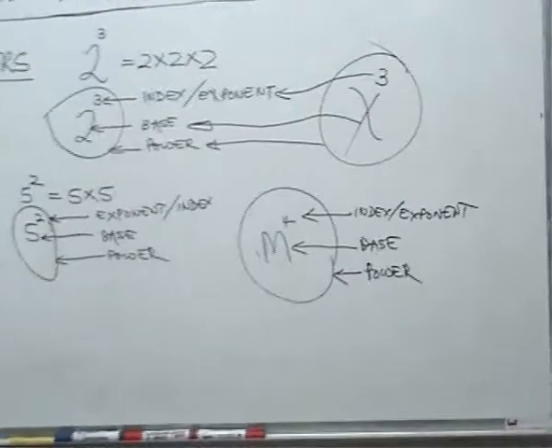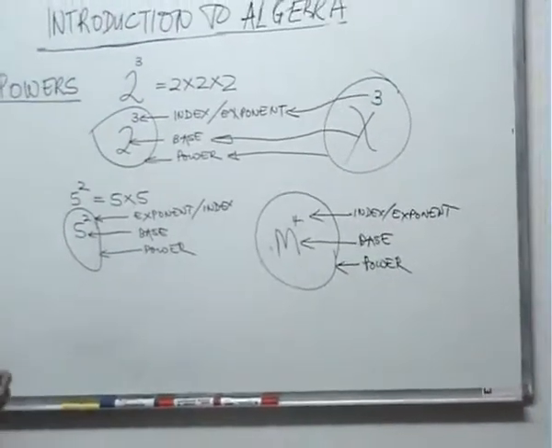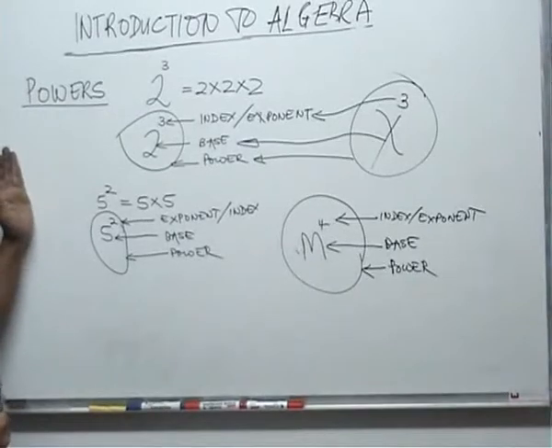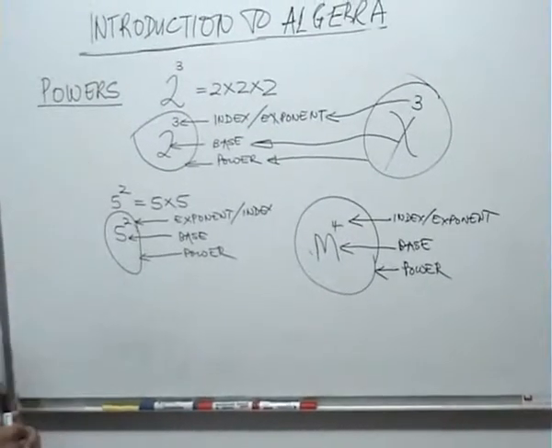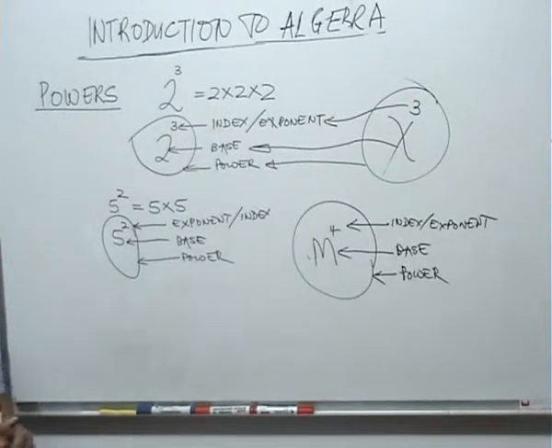Now this is a very, very important idea, because we are going to be talking a lot about powers when we come back to terms. So you've got to understand powers very, very carefully.